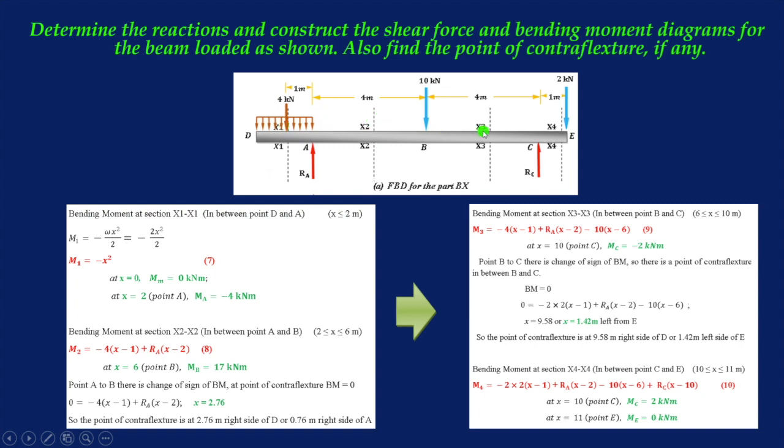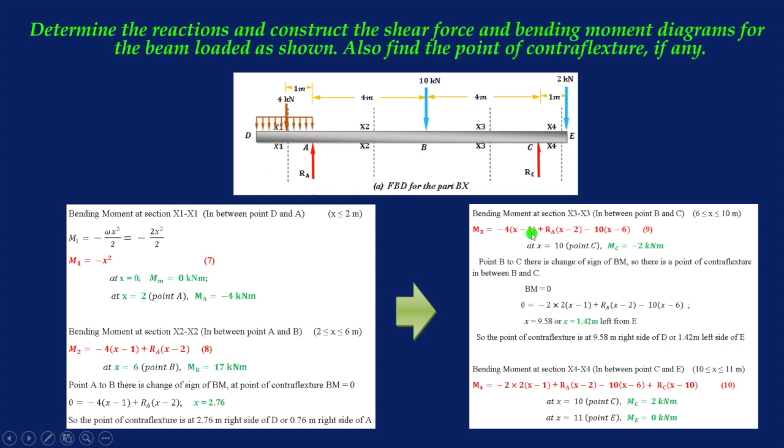From here to here is the distance x, and D to this point is equal to 1. So x minus 1 is the distance.